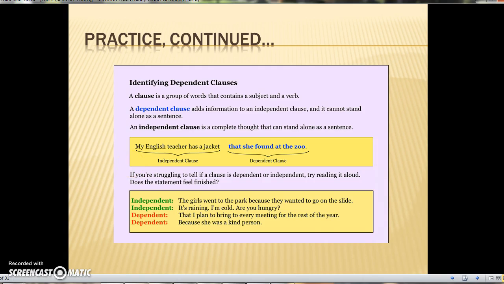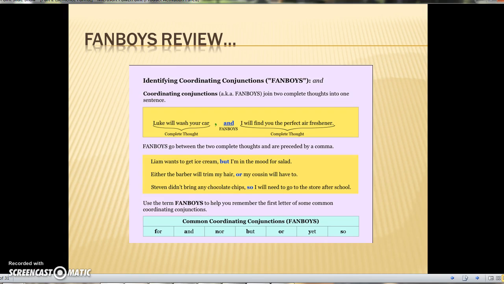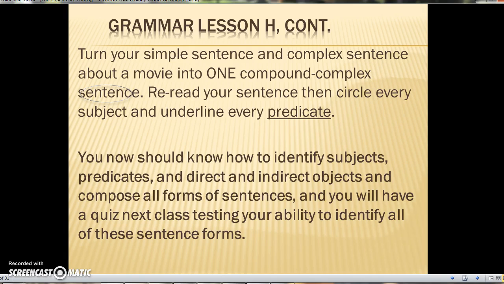Alright? And just as a reminder, going back to our fanboys, a compound complex sentence has the independent and dependent clause, but also has two independent clauses, right? Remember, two independent clauses will be connected with one of our fanboys, our coordinating conjunctions. This is just a review, right?